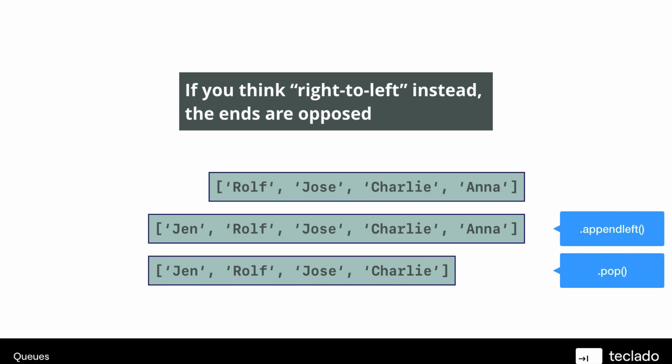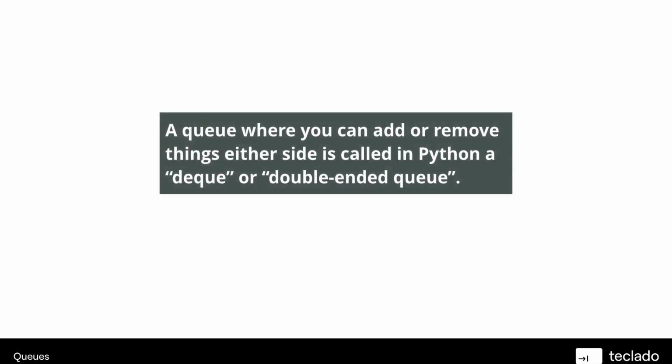So what you're seeing here is that you can add elements from either end, and you can remove elements from either end. So a queue where you can add or remove things from either side is called a dequeue, or actually it's commonly said as deck, which I think is very weird, or a double-ended queue. So there's a deck or a double-ended queue.